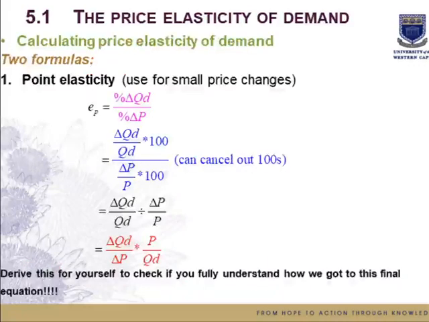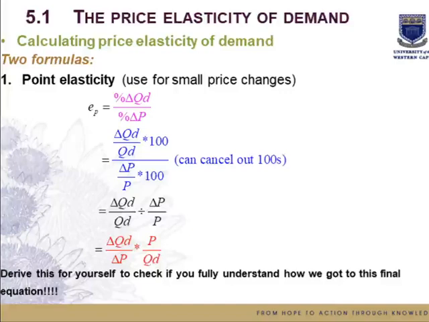The price elasticity of demand is calculated using two formulas. The first method is known as the point elasticity formula, normally applicable when there are small price changes. Recall that the elasticity coefficient is calculated as the percentage change in quantity demanded divided by the percentage change in the price.